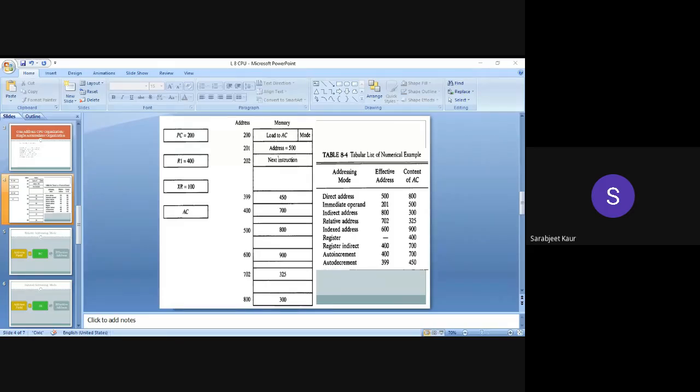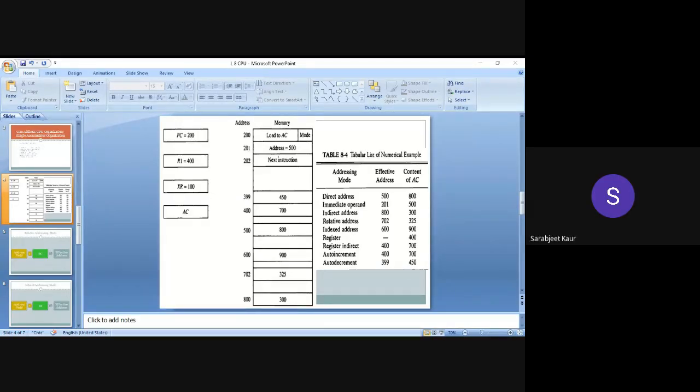Now, if my mode is first of all direct address, you should always locate, whenever you are given such a question, which instruction is being executed right now. Can you tell me which instruction is being executed? Obviously, the instruction whose address is in the program counter. Yes or no? Yes, ma'am.